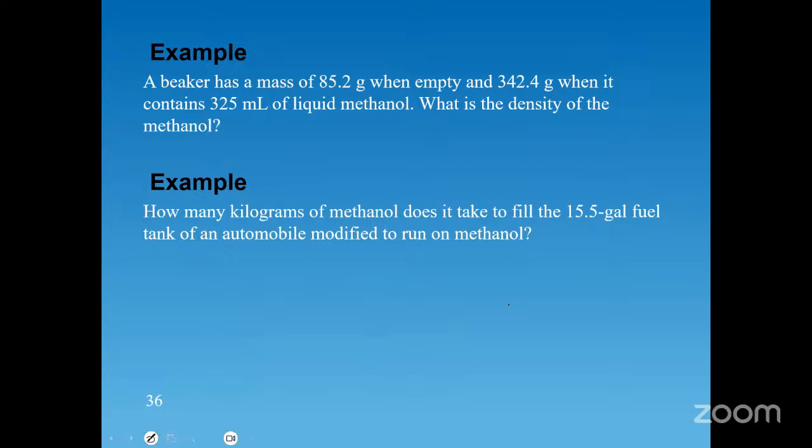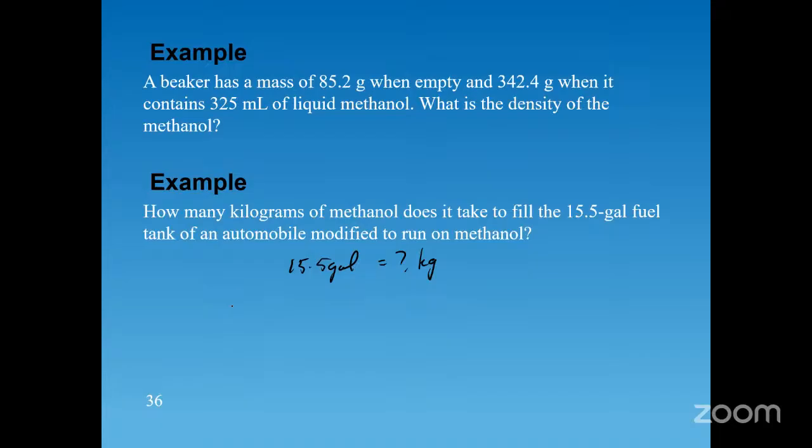Okay, so basically what it comes down to is this. They gave you 15.5 gallons and they're asking for the amount of mass in kilograms associated with it, right?